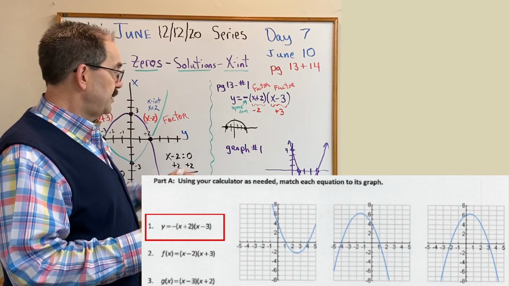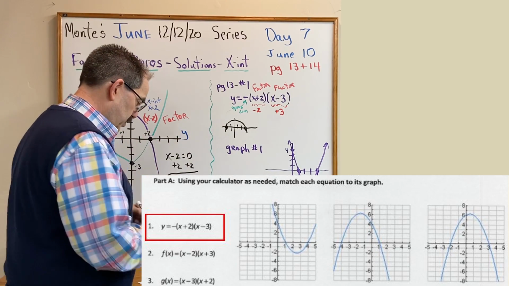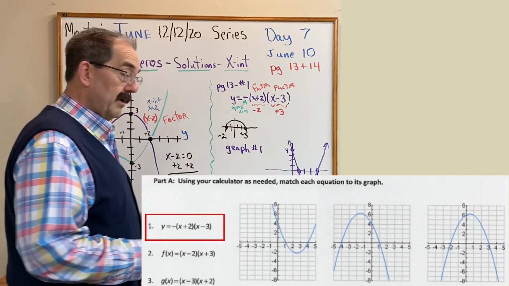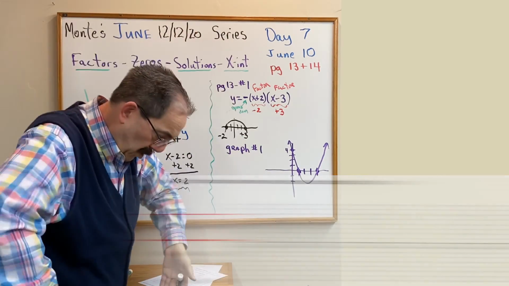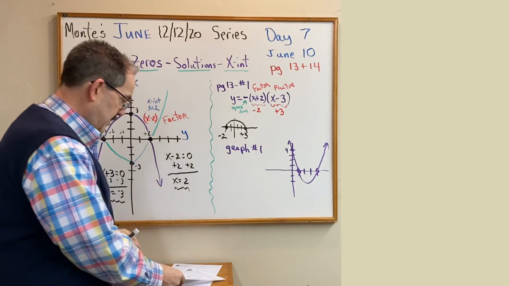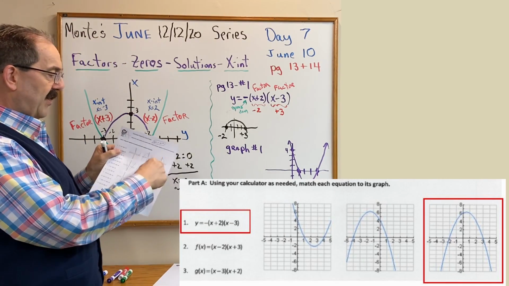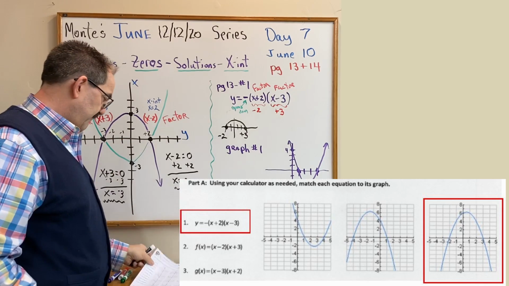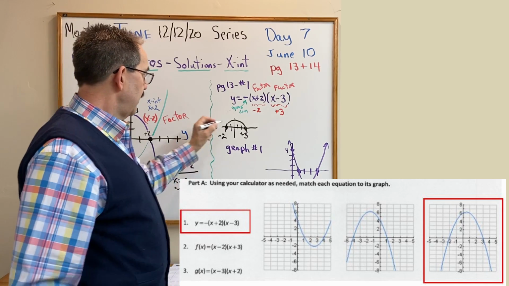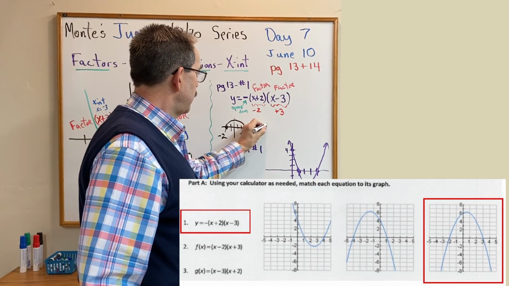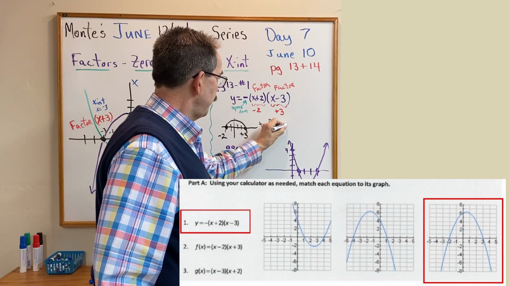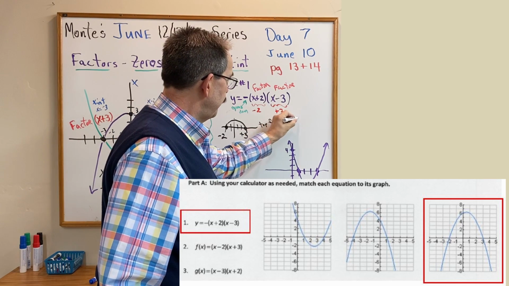There's two that cross at -2, +3. But one opens up, one opens down. Okay? So take a moment, find it. It's on the top far corner. Top far corner. Okay? Mark that a number 1.